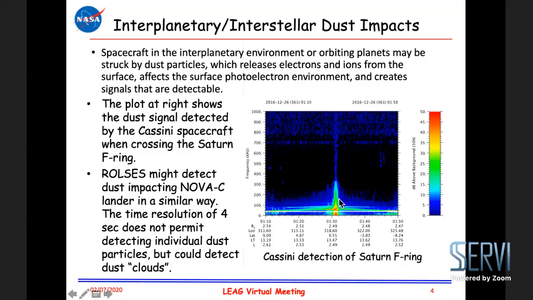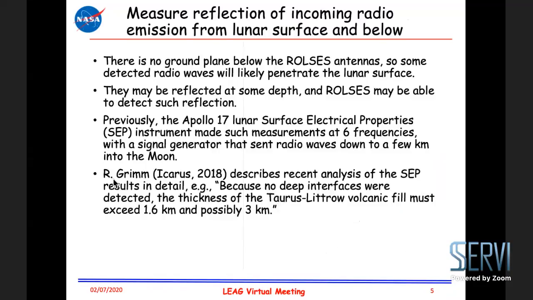As it goes through the ring and the dust particles strike the spacecraft, you see this electric signal. So ROLSES might detect dust impacting the Nova C lander or our stacer antennas. Our time resolution of 4 seconds would only permit us to detect dust clouds. It's not designed to detect individual dust particle impacts.